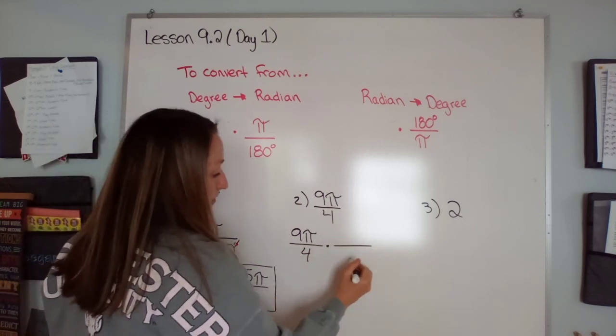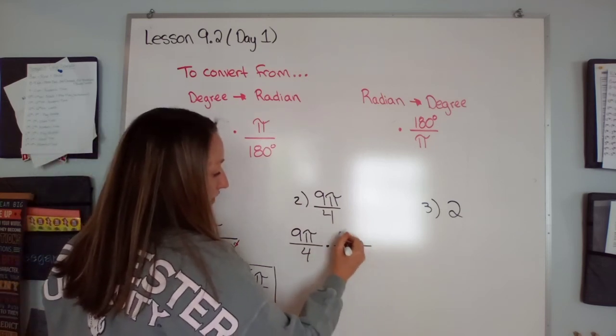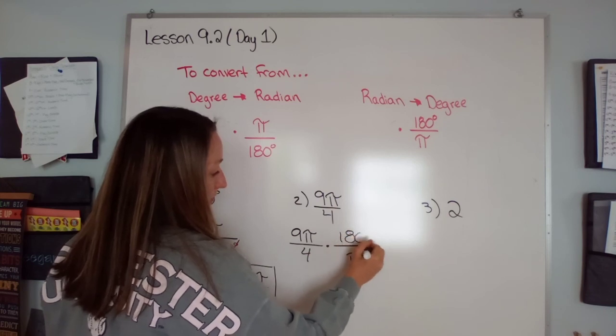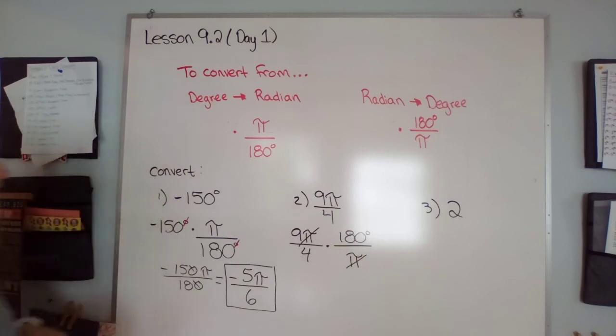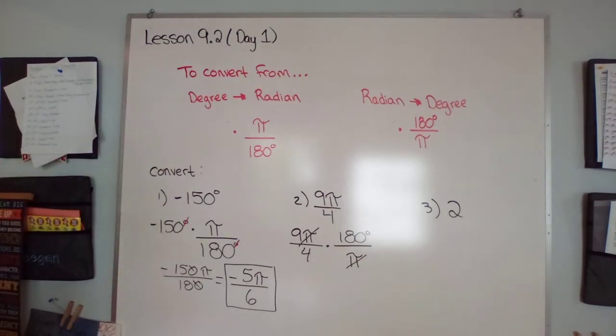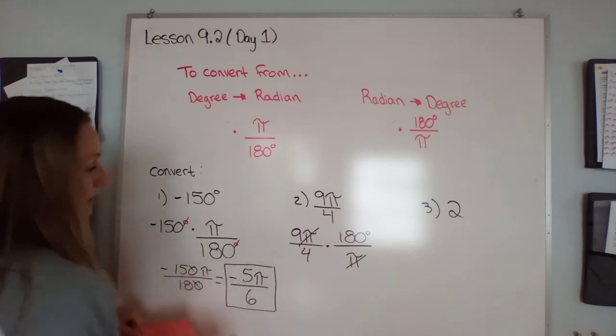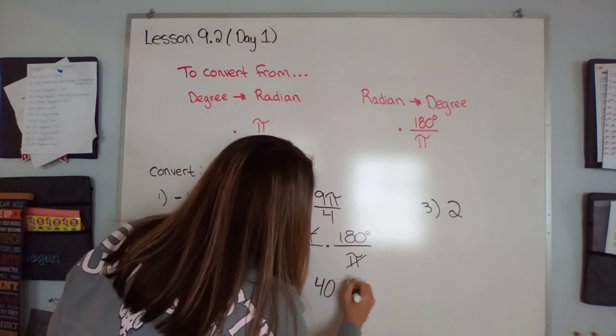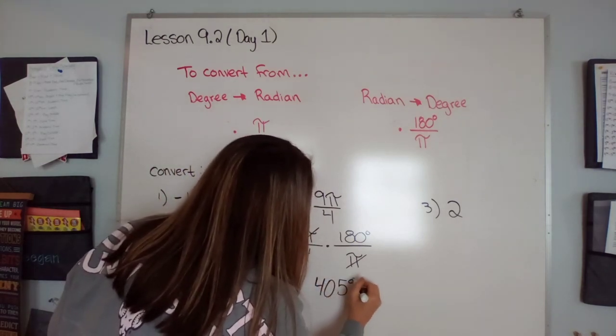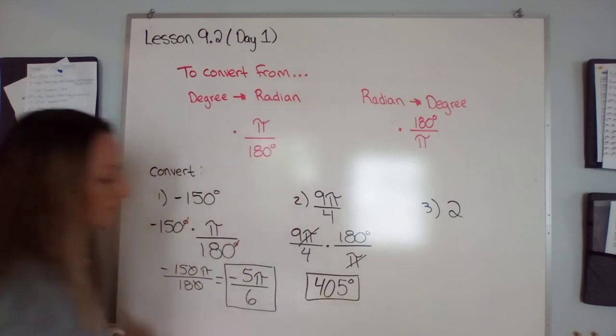So the pi has to be in the denominator of your conversion factor. You can always cross simplify before you multiply if you want. When you multiply and simplify, you're left with 405 degrees. Again, you must put the degree symbol when you're in degrees.